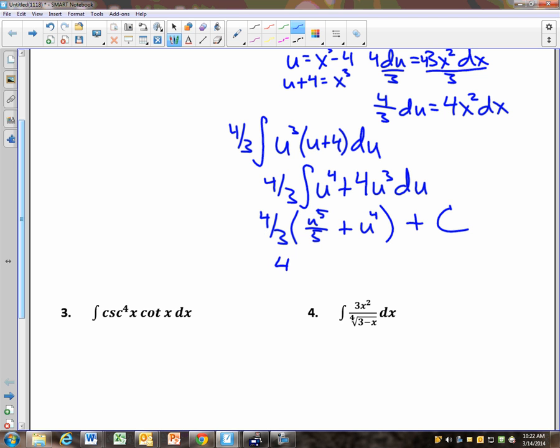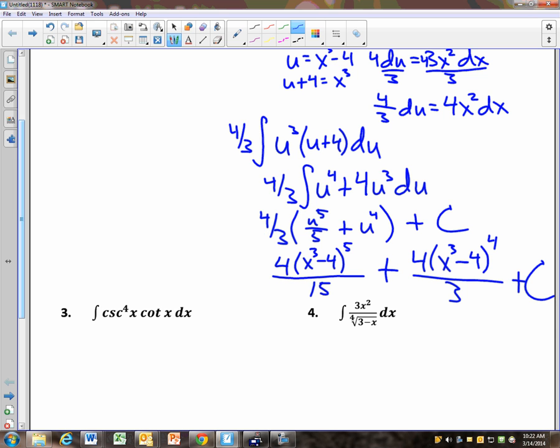I've got 4 times u, which is x to the third minus 4 to the 5th power, over 15, plus 4, and I got x to the third minus 4 to the 4th over 3 plus some constant.